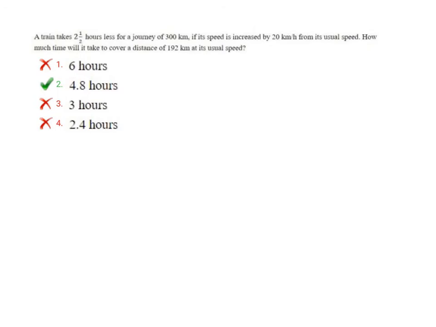A train takes 2.5 hours less for a journey of 300 kilometers. So you are traveling 300 kilometers. If the speed is increased by 20 km per hour, obviously if speed increases, then you will take less time. So its speed increases, that is x plus 20. Normal speed is x. So speed you can take it as s or t or whatever, let it be x. Now how much less, 2.5 hours less, that is 5 by 2.